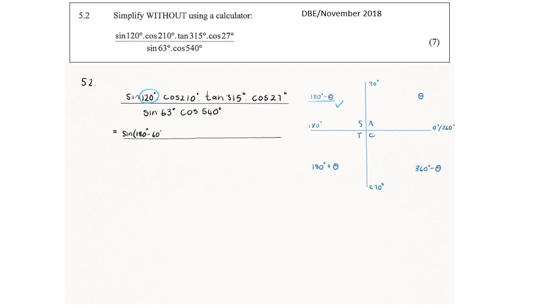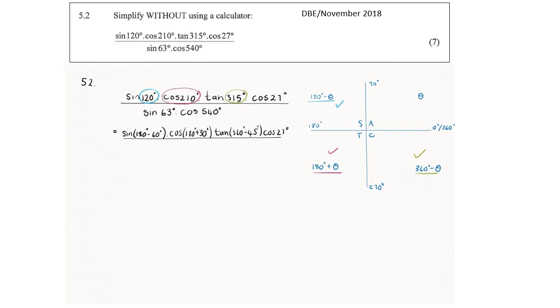Then cos of 210 degrees. 210 degrees is in the third quadrant, so we can rewrite this as 180 degrees plus 30 degrees. Then tan of 315 degrees. 315 degrees is in the fourth quadrant, and we can then rewrite this as tan of 360 degrees minus 45 degrees.